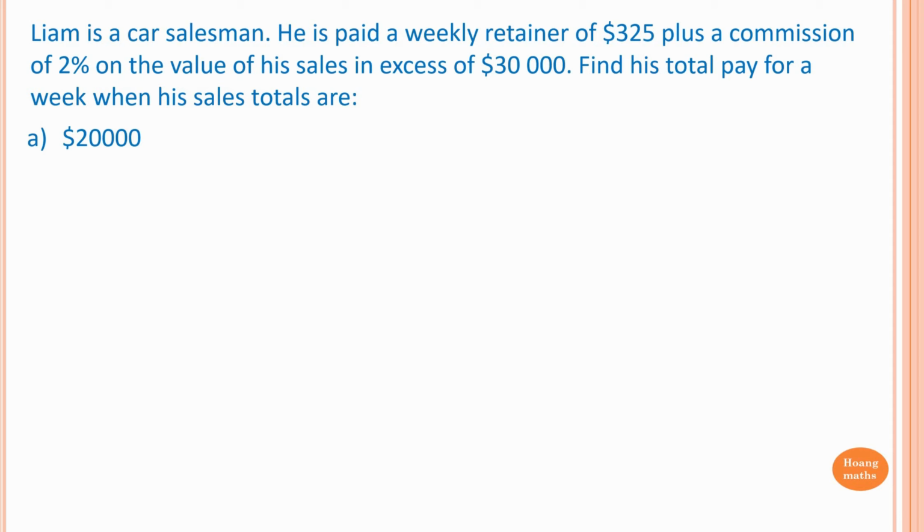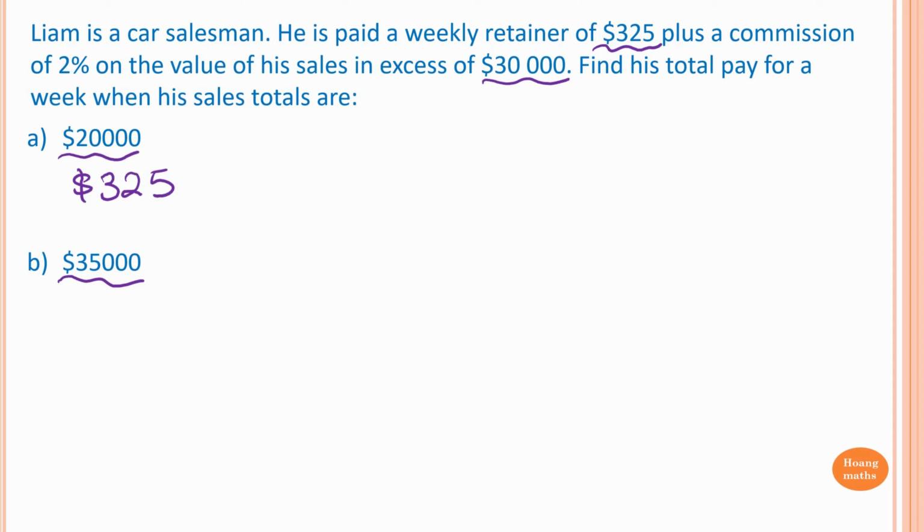So we know that the minimum he gets for a week is $325. On a particular week, he only sells $20,000, so less than 30,000. Therefore, he doesn't get any commission at all. So his income for the week is $325.